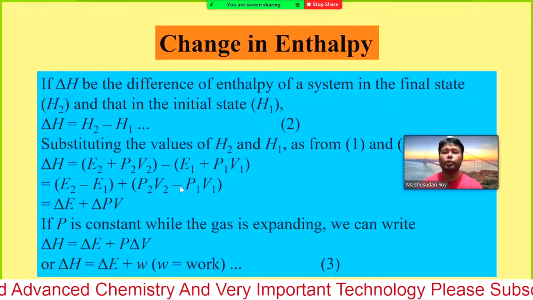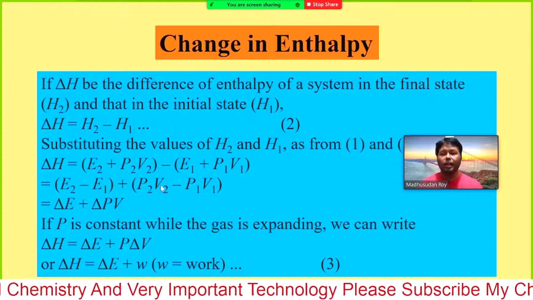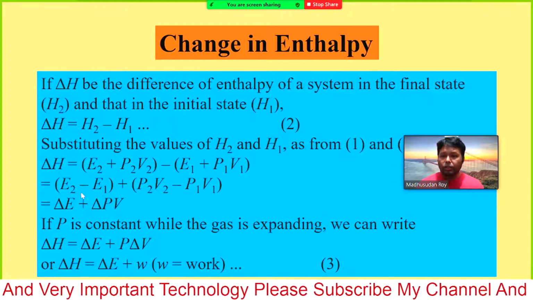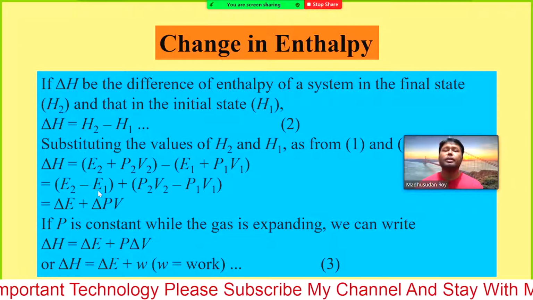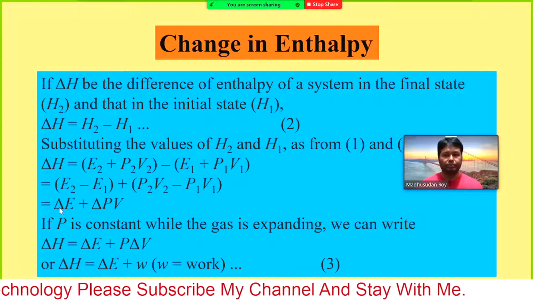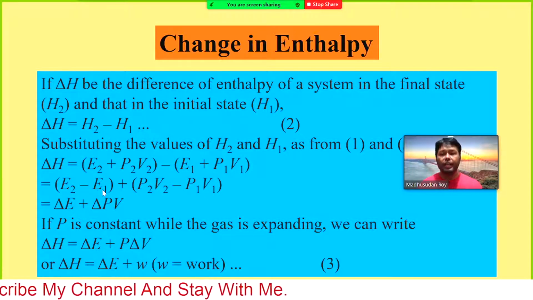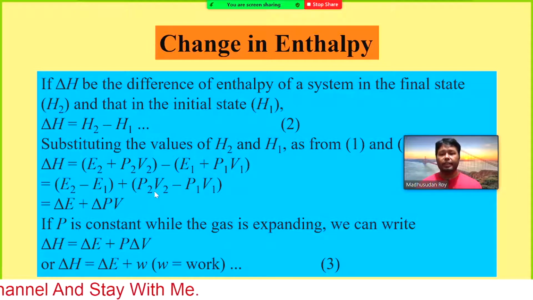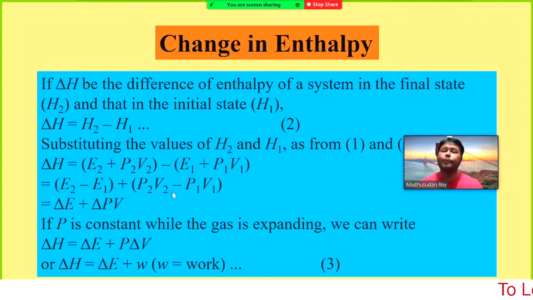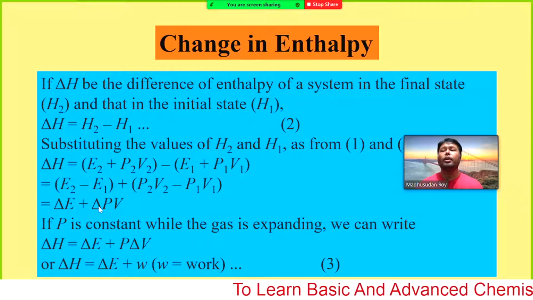E2 minus E1 we can write as delta E, the change in internal energy between the initial state and final state. Similarly P2V2 minus P1V1 we can write as delta PV.